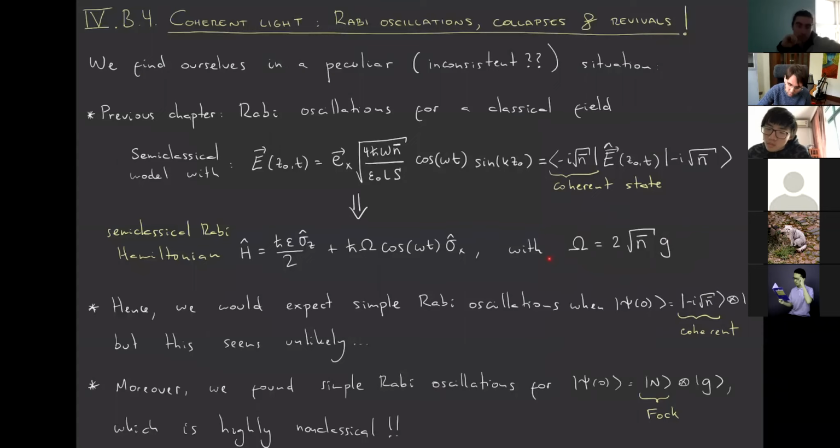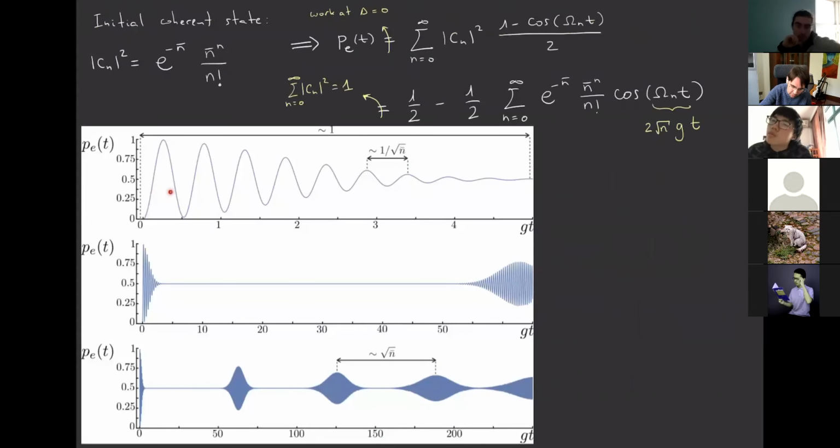So this Rabi frequency appears in this initial time scale. However, instead of simple Rabi oscillations, we have damped Rabi oscillations. The oscillations start okay, but with time they become smaller and smaller until the probability of being excited settles at 0.5, 50-50. So we have 50% probability of being in the ground state and 50% of being in the excited state.